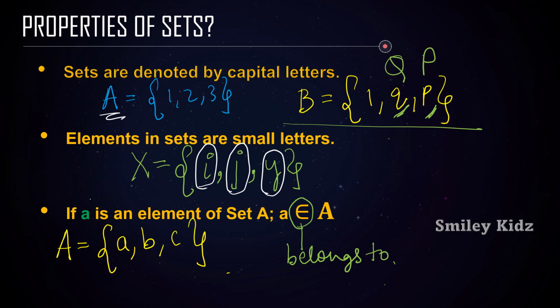Now this means that a is the element of A. It means that a right over here belongs to set A. Alright. Now in order to avoid confusion, let's put this as X. Then it means that a over here belongs to set X. Now these were the three properties.